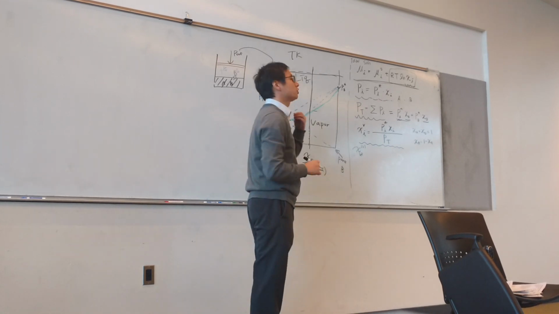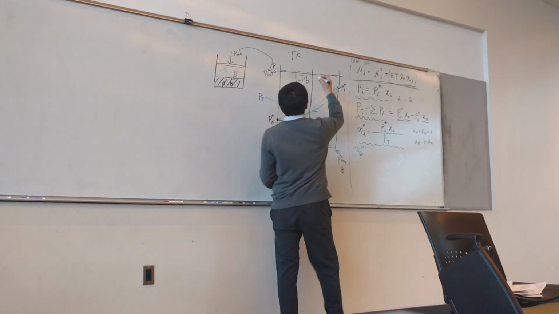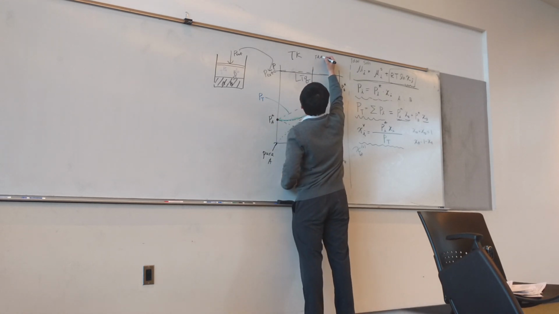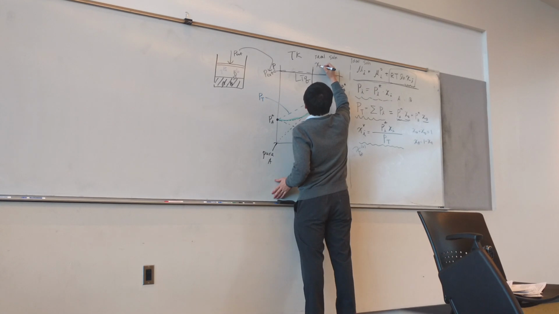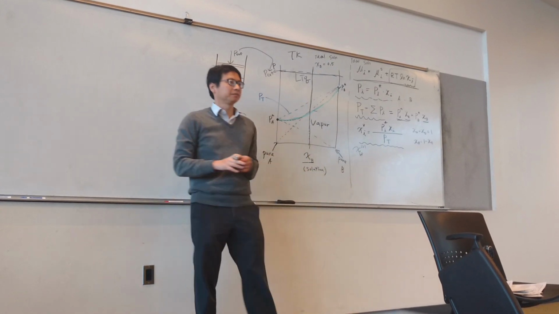I say you have an ideal solution, where your XB is, let's say, 0.5 in the beginning.